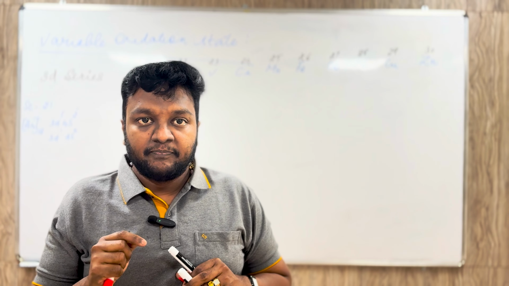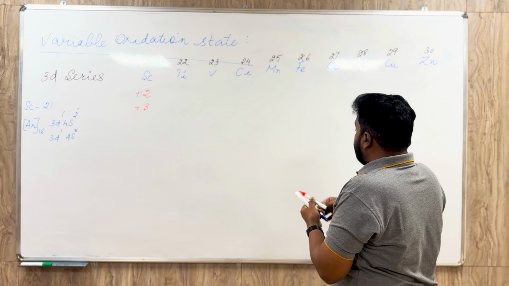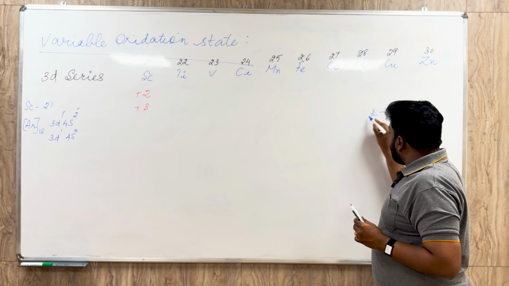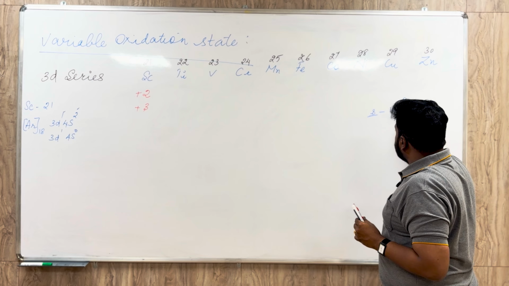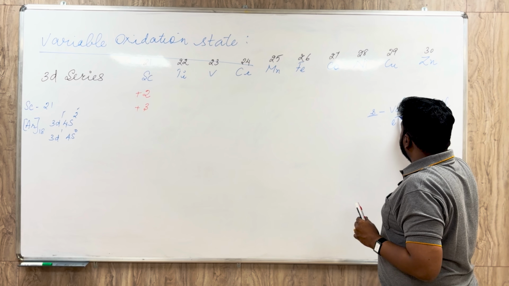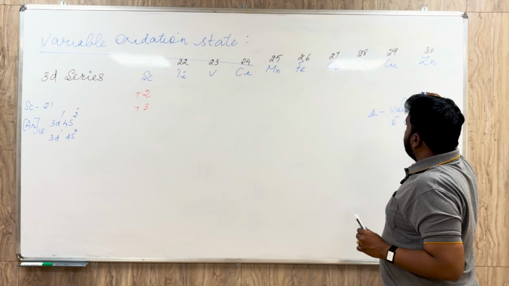If you take the S block elements, only the S orbital, which is called the valence shell, donates electrons. The electrons are donated only from the valence shell.